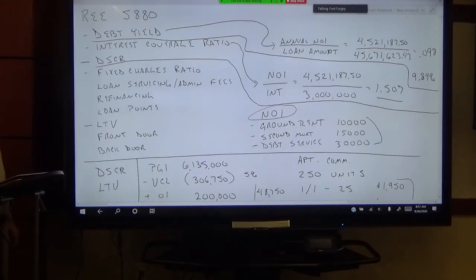All right, so we add those up. Is it 55,000? Okay. And in this case, all we're really wanting to do is basically say, how much more income do we have relative to these expenses?